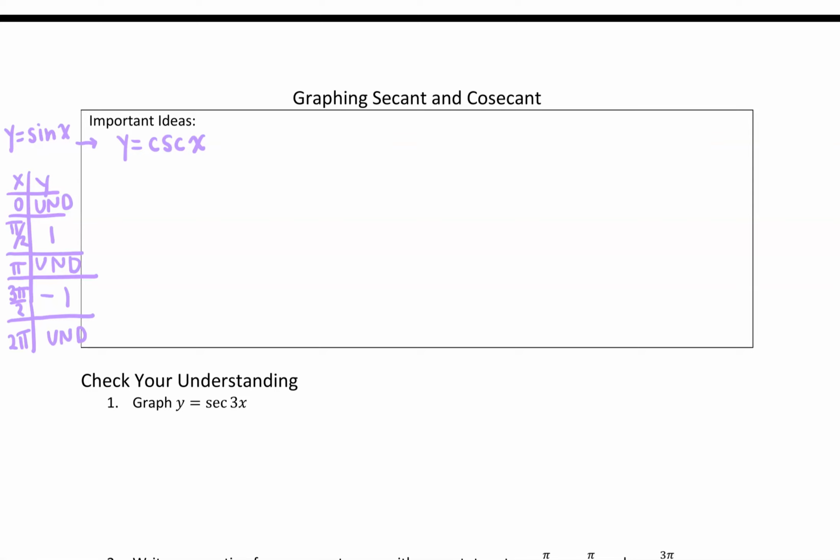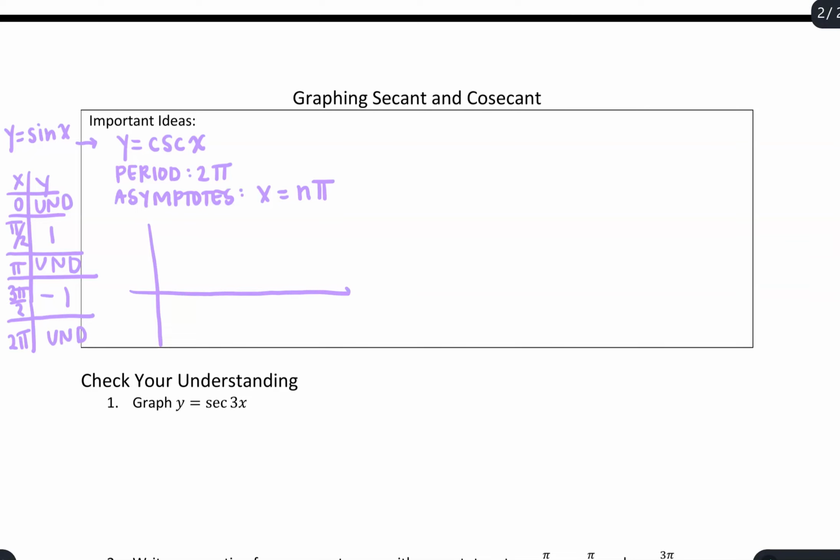Good? Okay, so the period is going to be what? It's 2 pi. And where do my asymptotes happen here? Everywhere I'm undefined, right? So every pi value, basically. Okay, so let's graph this.